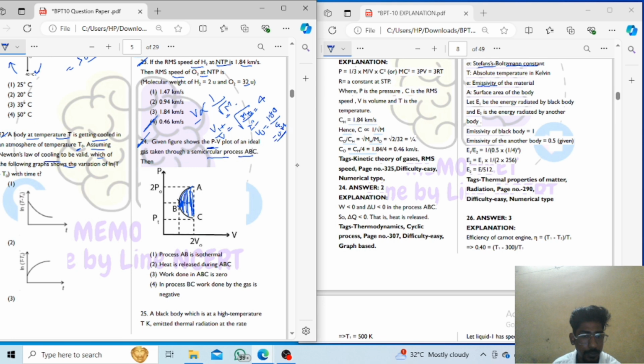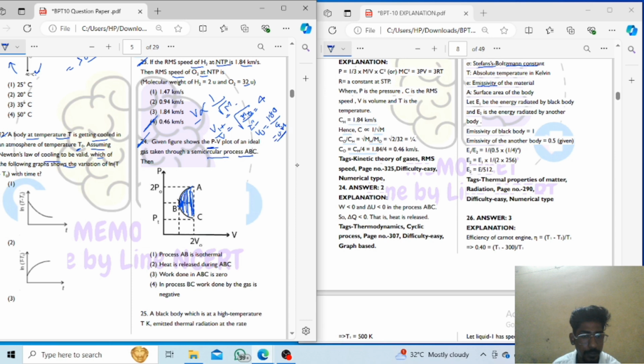So efficiency is 0.4, which means 1 minus 300 by T1 equals 0.4. So 1 minus 0.4 equals 300 by T1, so T1 will become 300 by 0.6, equal to 500 Kelvin. This is already mentioned, 500 Kelvin.